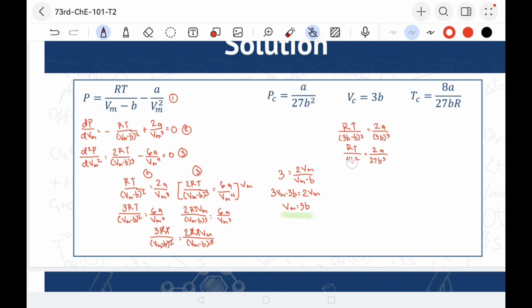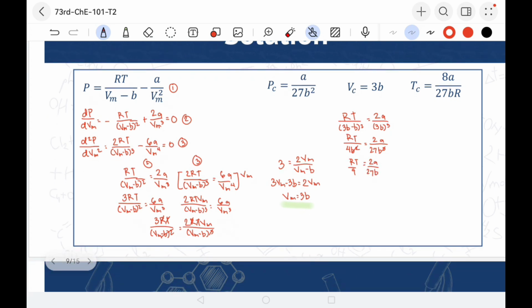We could cancel out B squared, to get RT over 4 is equal to 2A over 27B. And now let us put all things to the right side to get Tc equals 8A over 27R, which is our second critical constant.